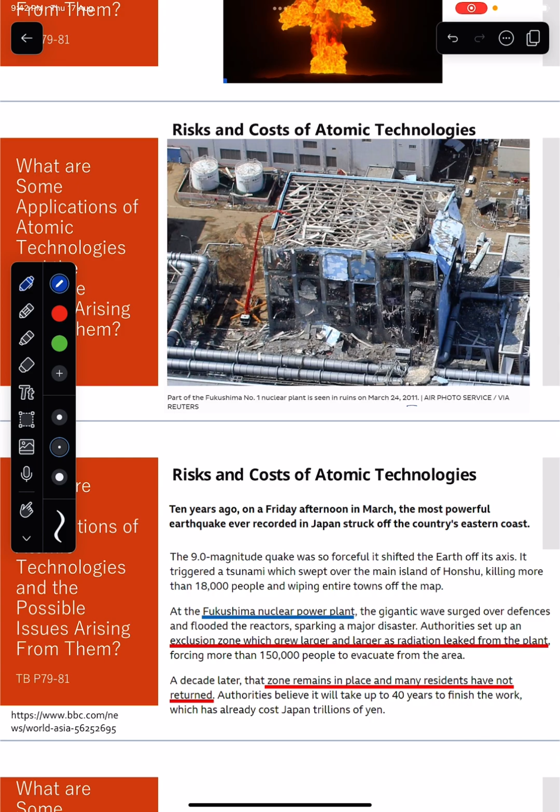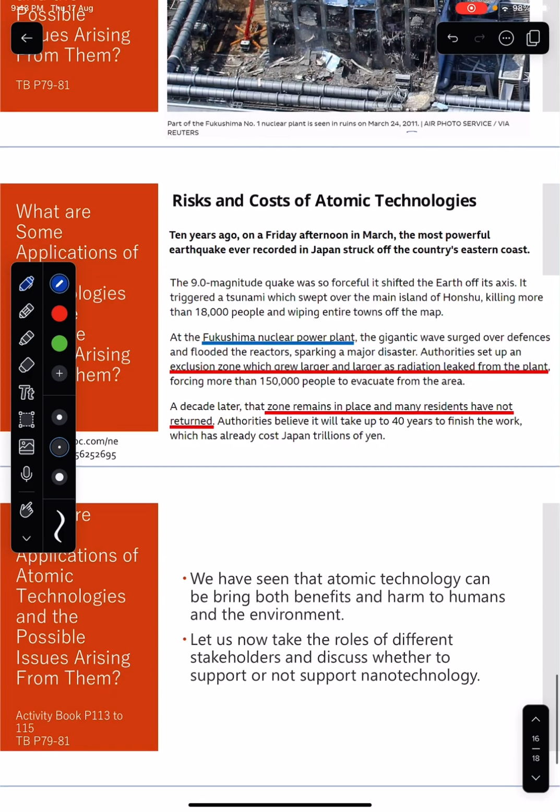Now, after 10 years, the entire immediate area around the nuclear plant is actually an exclusion zone. Nobody is supposed to be there. I wouldn't go there if you paid me $10 million, because you would die early. No way. So this atomic technology can be both good and bad.